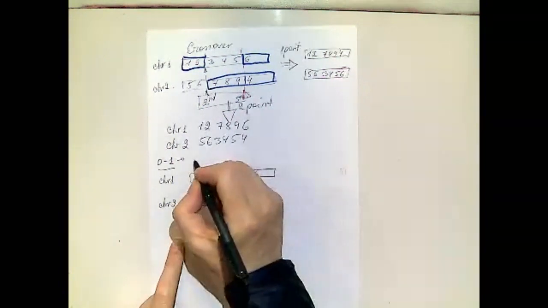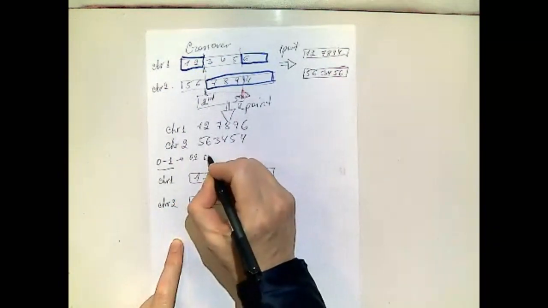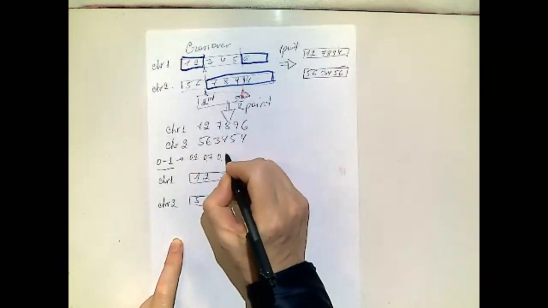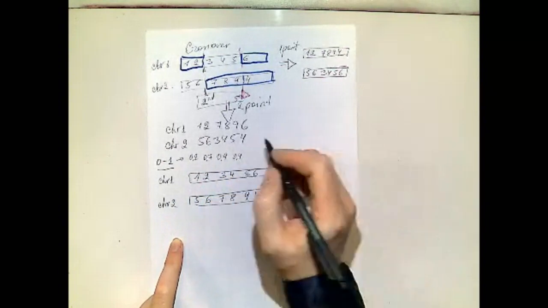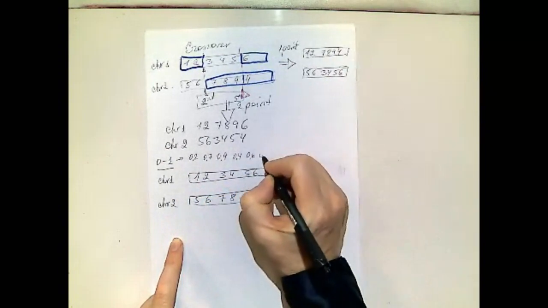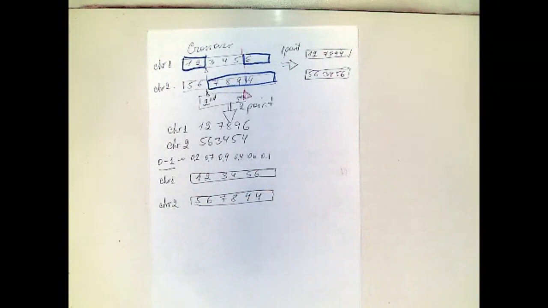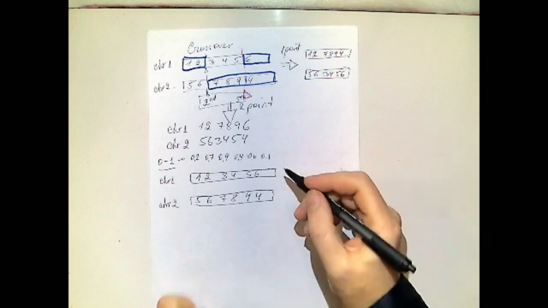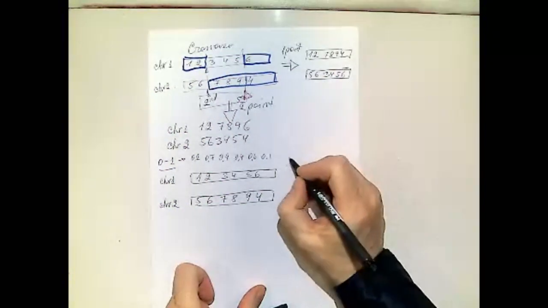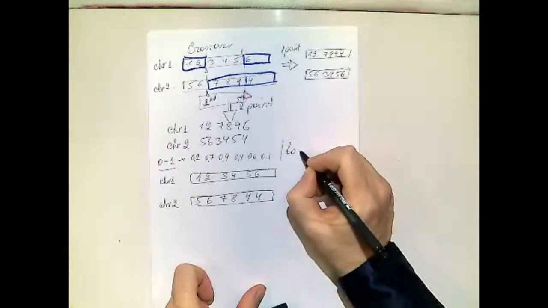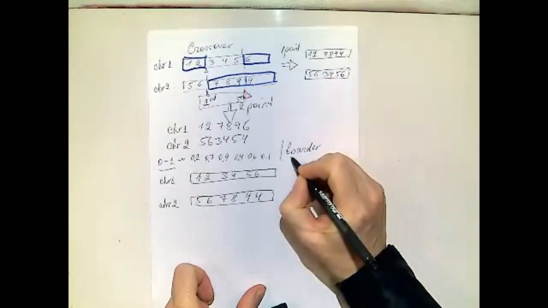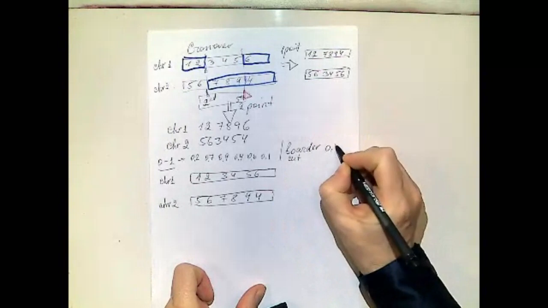For example, 0.2, 0.7, 0.9, 0.4, 0.6, 0.1. You can put any values between 0 and 1. Then you have a border, or cut, if you want, with the value 0.5.